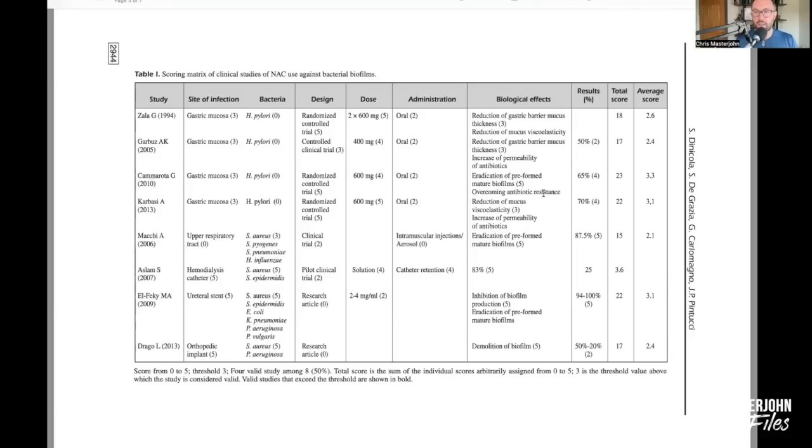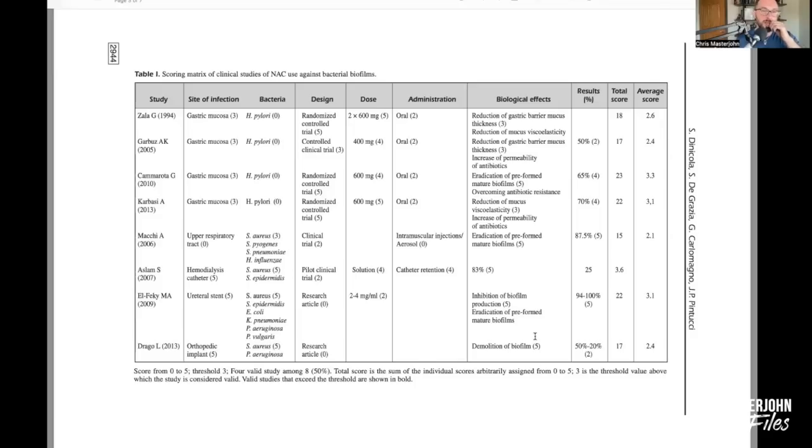Perhaps biofilms are playing a role in antibiotic resistance in a structural way, and that's not just a phenomenon that we usually think of, selection for the resistant bacteria using the antibiotic. Reduction of mucus viscoelasticity, increased permeability of antibiotics, eradication of mature biofilms, inhibition of biofilm production, eradication of preformed mature biofilms, demolition of biofilm. Demolition is a funny word in this context.